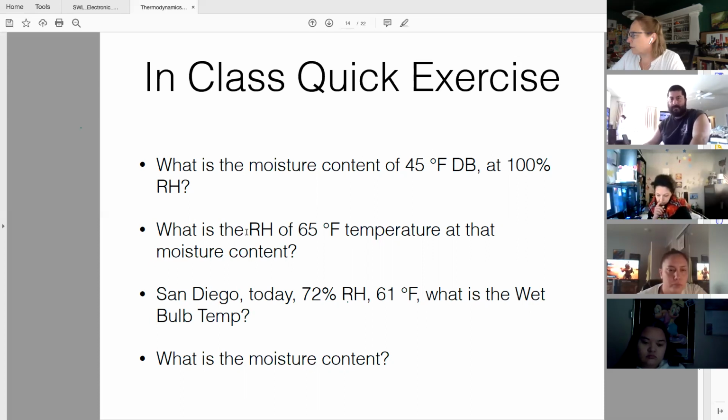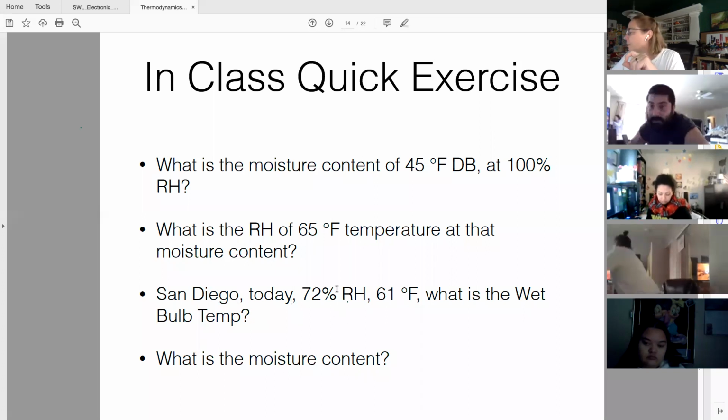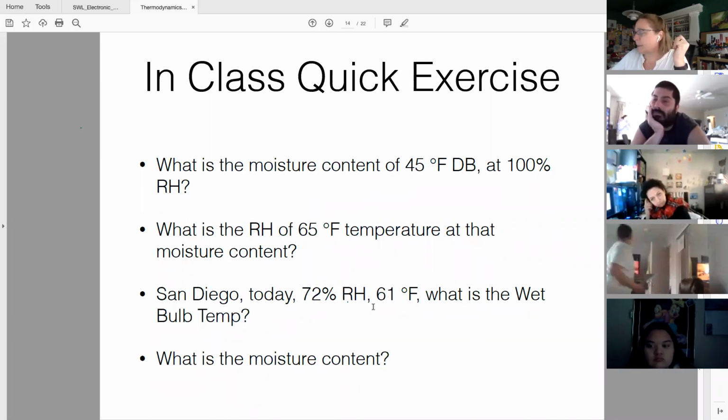Okay. This might be missing information. Hold on a second. Guys, write these down for me, please. Okay, San Diego. Today I did check this out when I set this up a little while ago. It was 61 degrees out earlier, and it was 72% relative humidity.